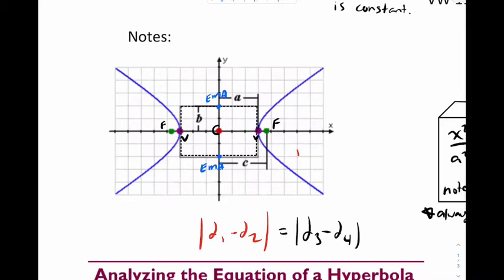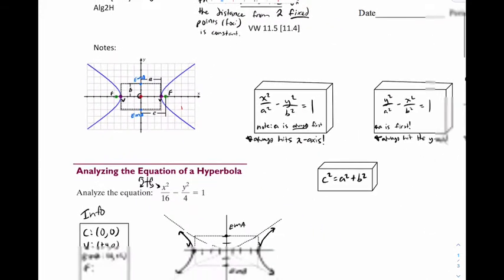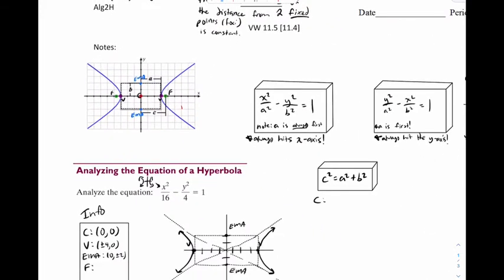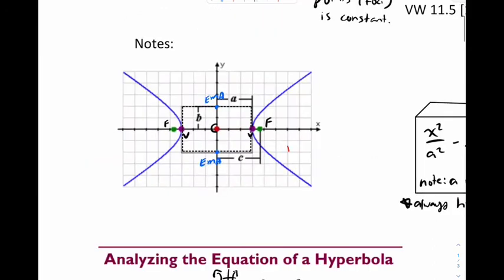If you look at our basic definition here, this letter C is the distance from center to focus. So same as always, distance from center to focus. And what you have to do is imagine you draw a circle here, like right there.